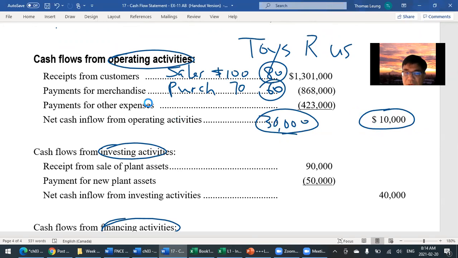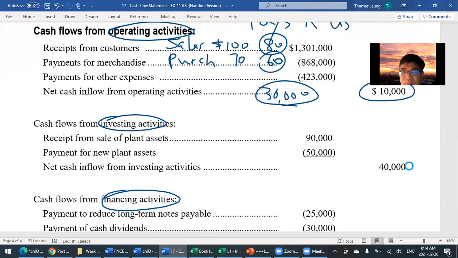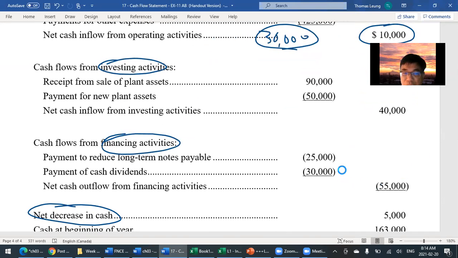First of all, for the day-to-day operation, I got only 10,000. But for investment activities, I got 40,000 because I sold a lot of my investment. And I need to repay my long-term liability.